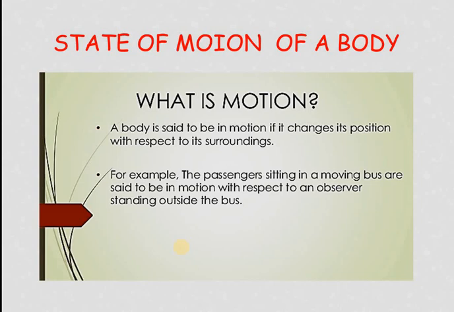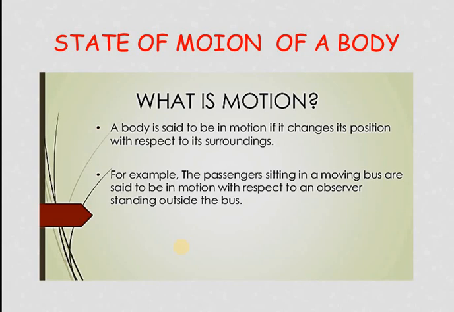Now, state of motion. On a normal school day, at 4:30 school gets over. You are walking and going to the bus shelter. You are standing there waiting for your bus. You can see many vehicles moving up and down on the road. So, these vehicles are changing their position with respect to the surroundings along with time.